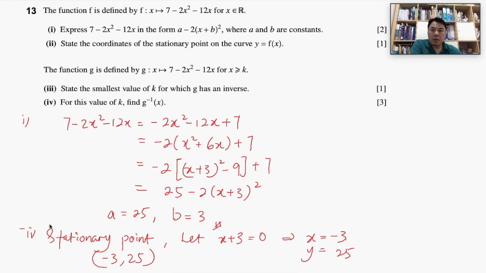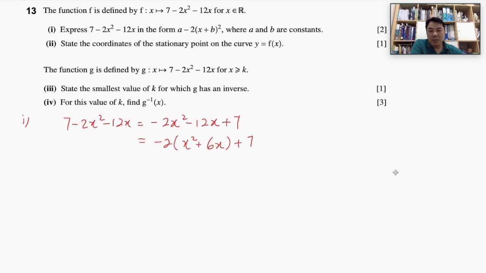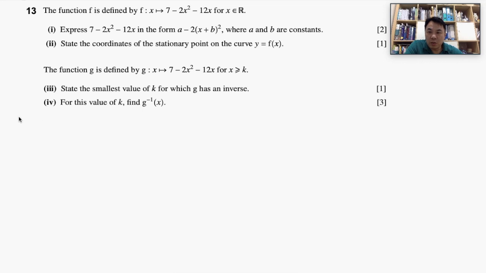Alright, now the next one looks pretty similar to all the questions that we have done so far. So number 3, I just rewrite g(x). I will rewrite g(x) in the completing the square form one more round, which is (x + 3) squared in this case.